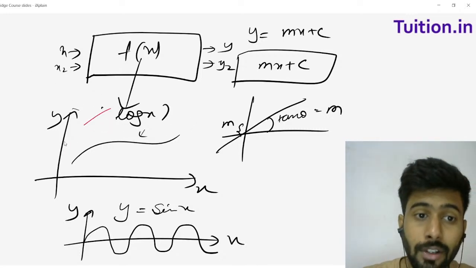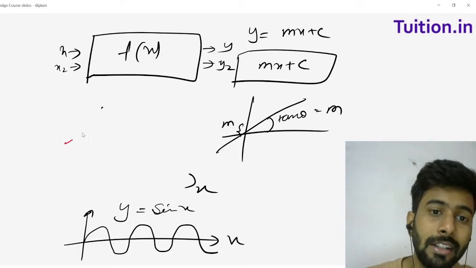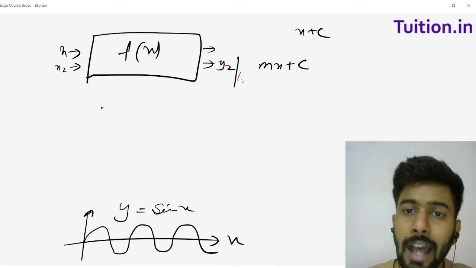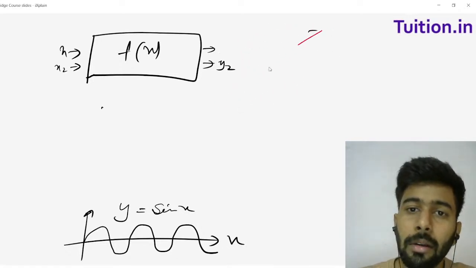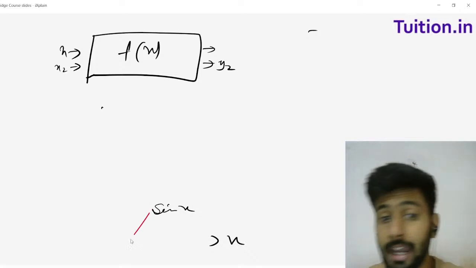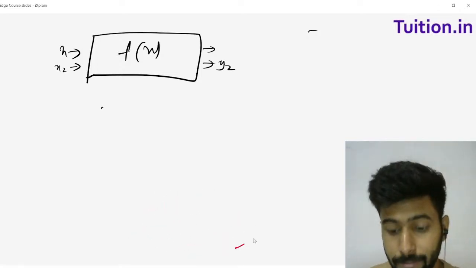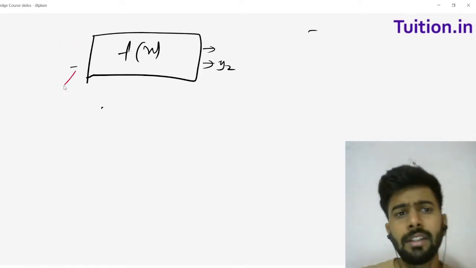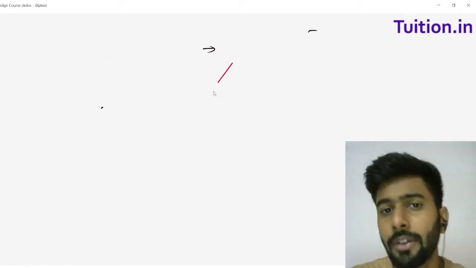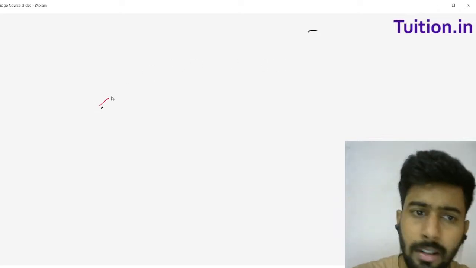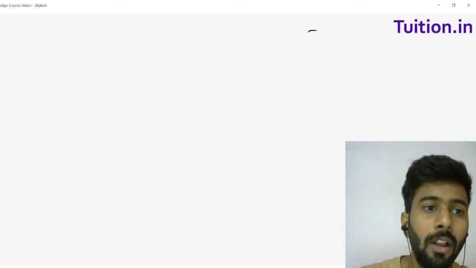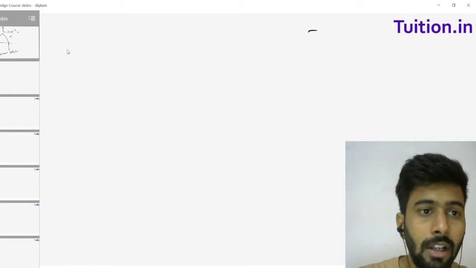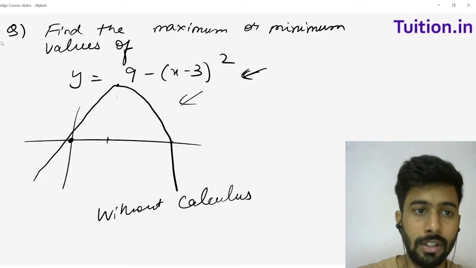To draw graphs of complicated functions like these, you have calculus. But in physics, we don't really require that. If you look at applications of calculus in mathematics, there are many. In physics, we only care about some specific applications of calculus, and maxima and minima is one of them. Okay, so because I don't know how to draw graphs properly, I will have to solve this problem using calculus.